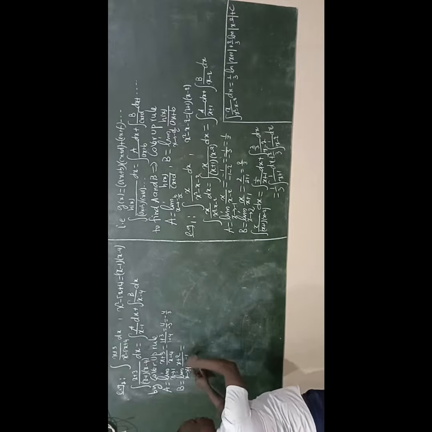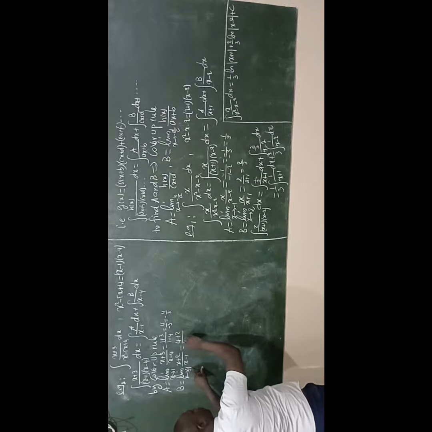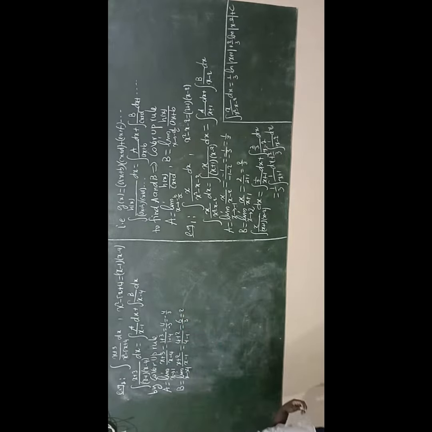By replacing x by 4, here is 4 plus 3 by 4 minus 1, and this is 6 by 3, which is 2.